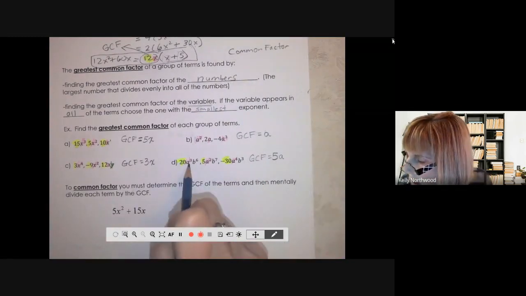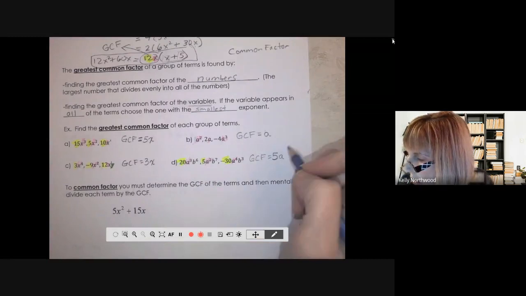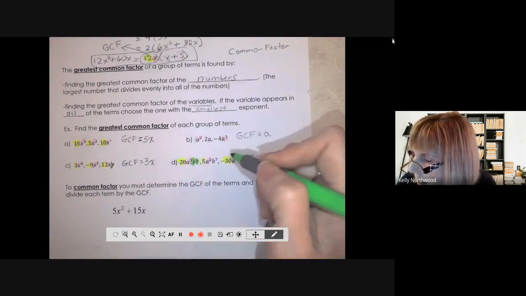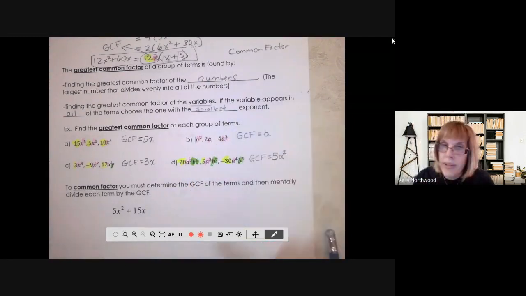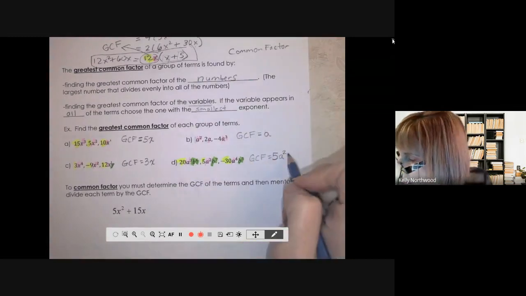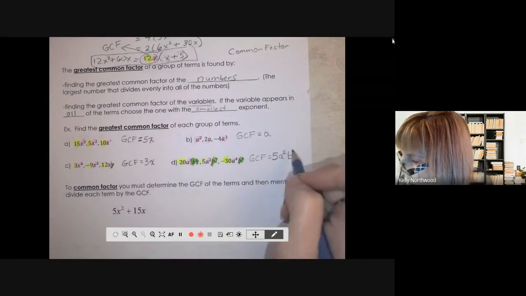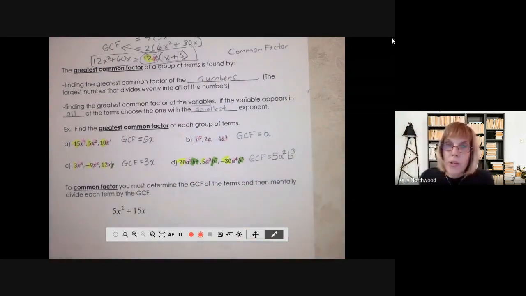I want the smallest exponent, so that's going to be A squared. And then B's, there's a B in all three terms, and so it's going to be part of my greatest common factor. The smallest exponent on B is B to the 3rd. So my greatest common factor is going to be 5a squared b cubed.